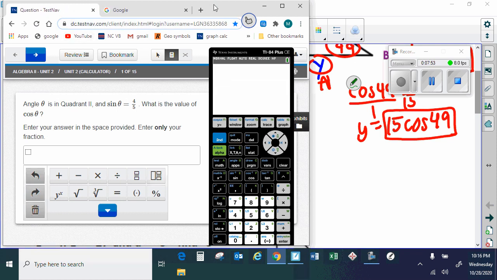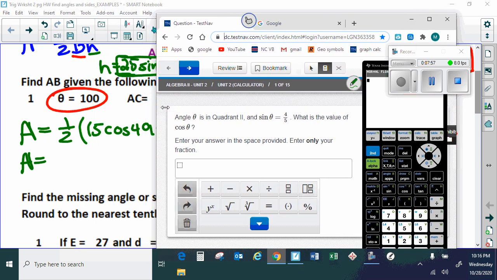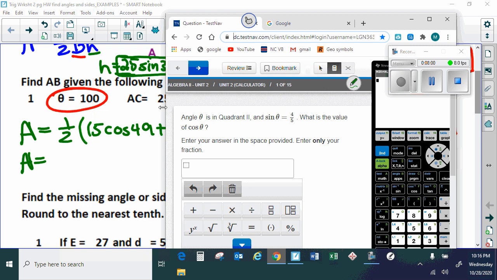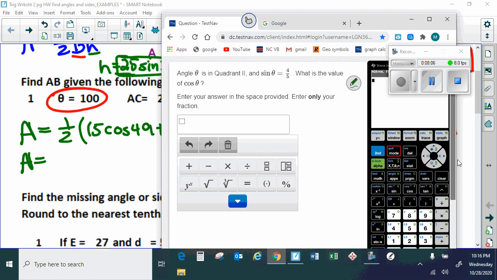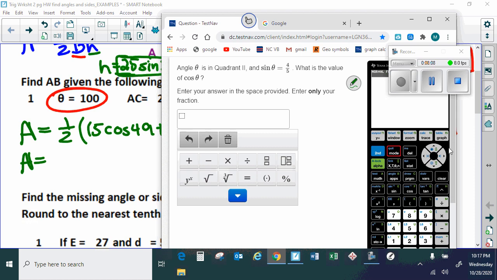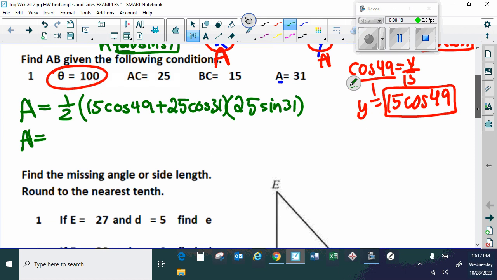Oops. Where is it? Okay, let's see about shrinking this one in. I can't go further over than right there, in order to get my whole graphing calculator on the screen. So I'll have to just flip back and forth here to see. Oops.